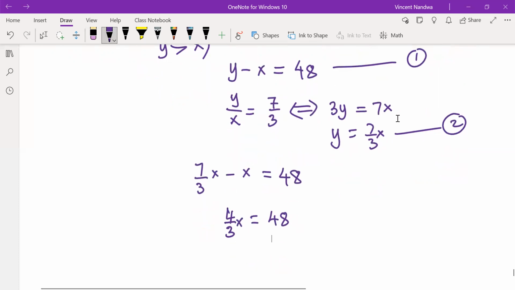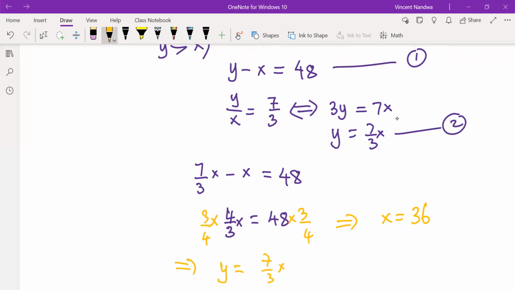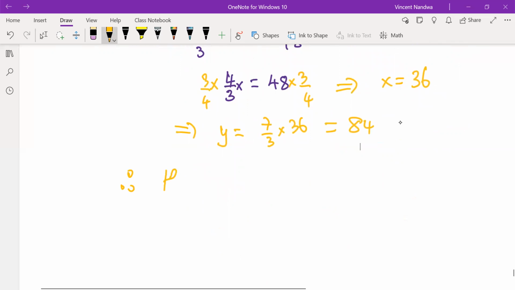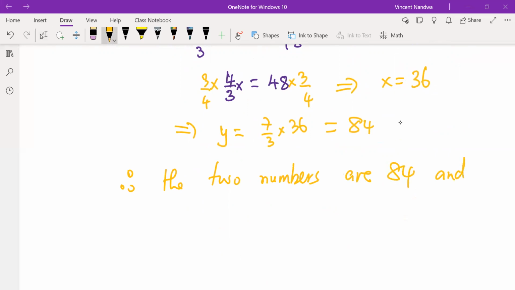To get x, we multiply both sides by 3 over 4. So x equals 36, which means y is 7 over 3 times 36, which gives us 84. Therefore, the two numbers are 84 and 36.